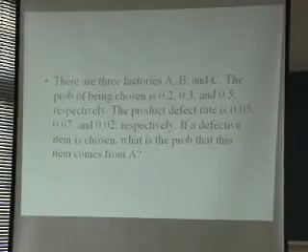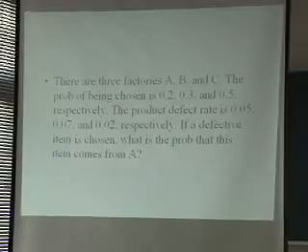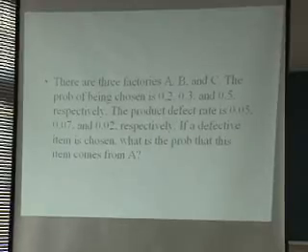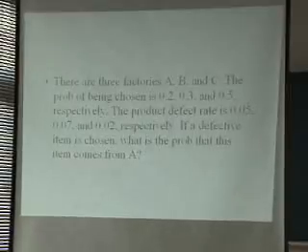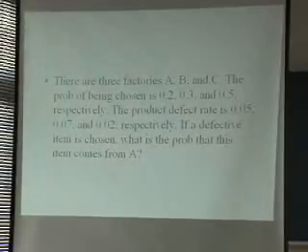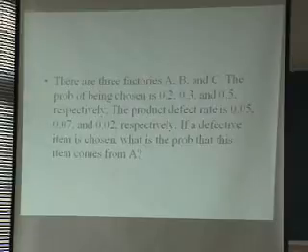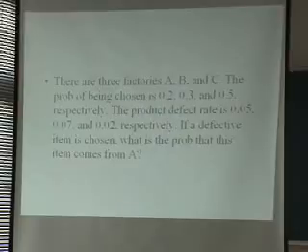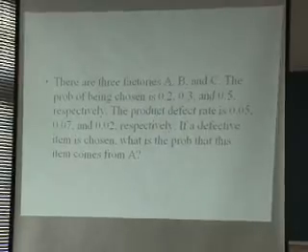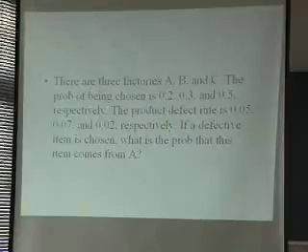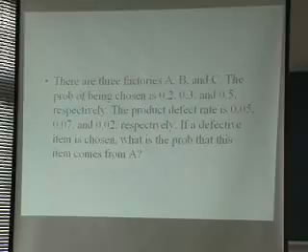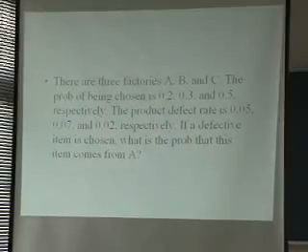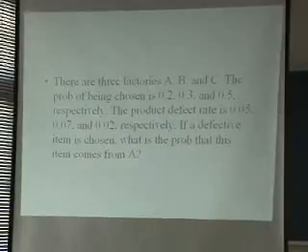When you add these together, it is the probability that whenever you choose, you get a bad one: 0.2 times 0.05 plus 0.3 times 0.07 plus 0.5 times 0.02. This is the probability it will be defective, right?